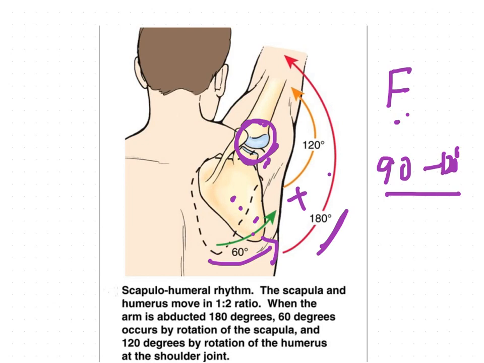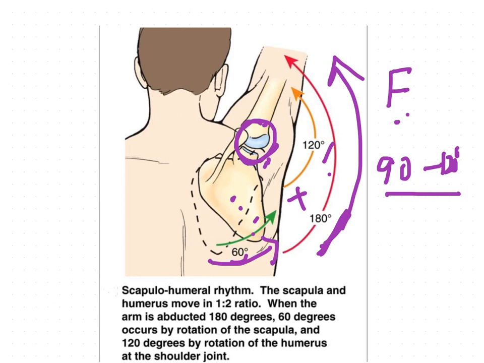The individual contributions are 60 and 120 degrees, but if both contributions occur during elevation, it leads to 180 degrees of maximum range of elevation. If either of these two joints is not working properly, the range of elevation will decrease.